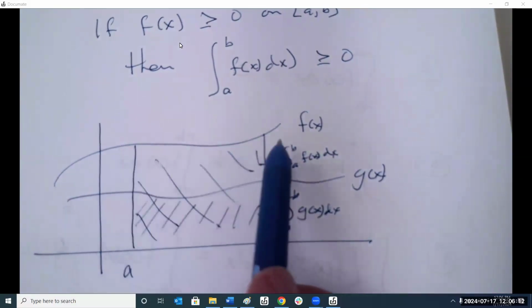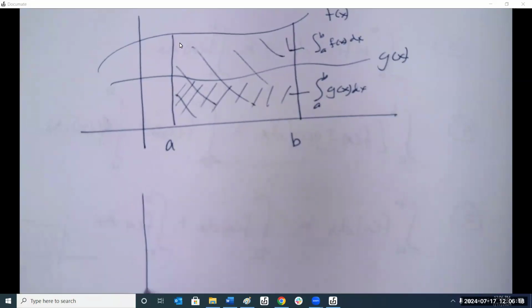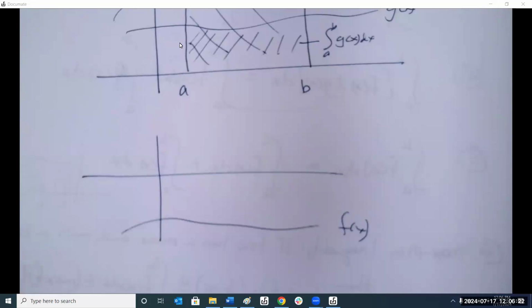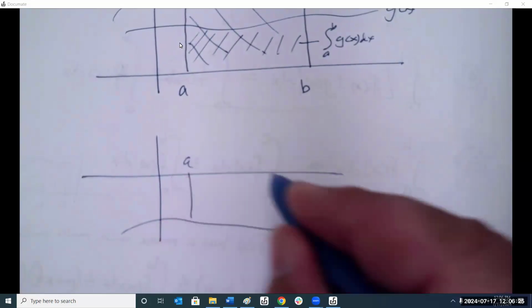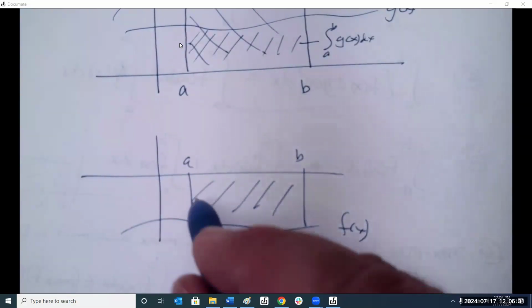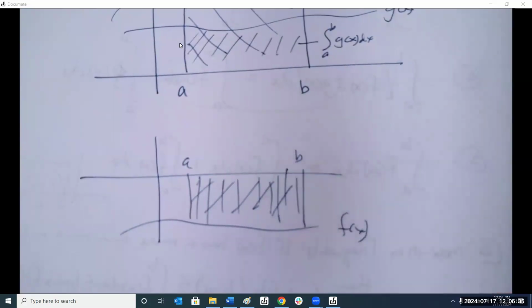And since f is positive, it's above the x-axis, therefore its integral is going to be positive. If f of x was negative, then the area under that curve will be negative, because we take these small intervals, the Riemann sum of these infinitely small intervals.